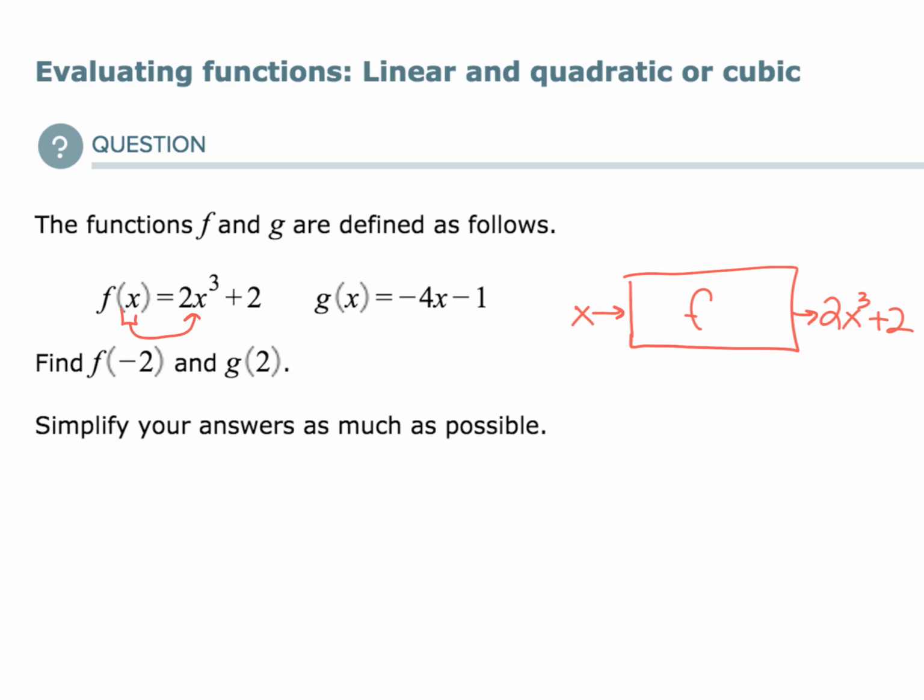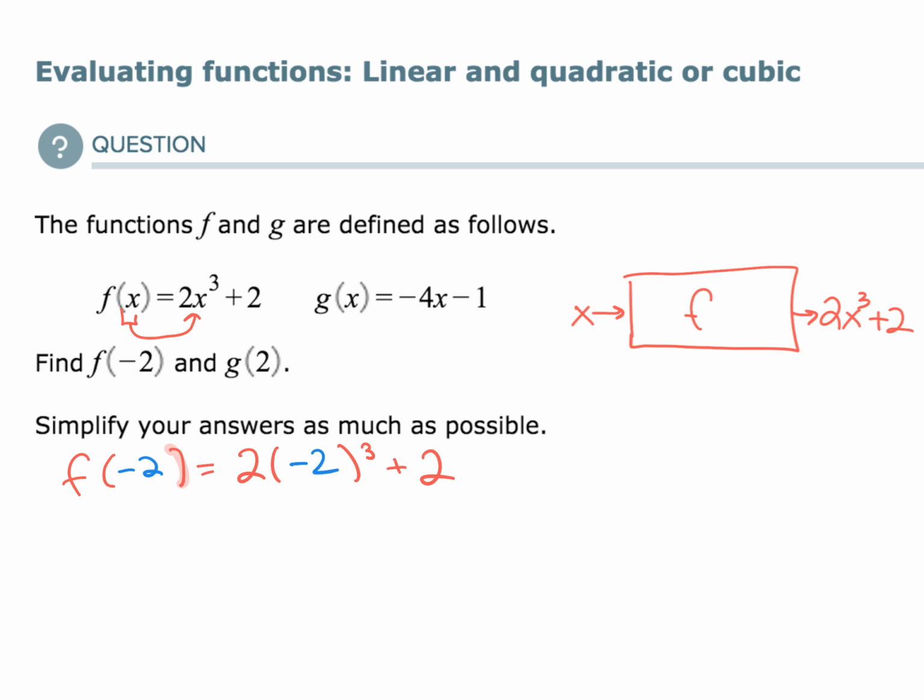So if I'm trying to find f of negative 2, what I have is 2, and then for that x, I'm going to put in negative 2, cube it, and then plus 2. So I'm basically doing this, except whatever's inside these parentheses becomes x.